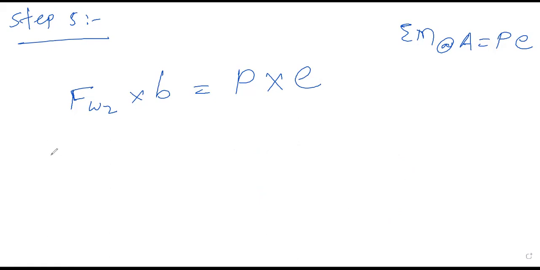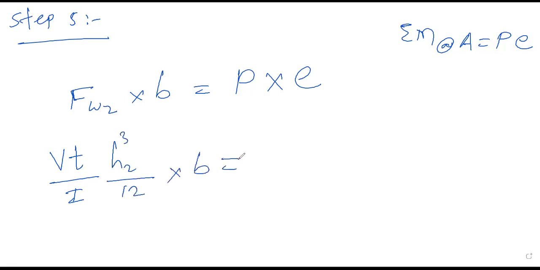So now put the value of FW2, Vt by I, h2 cube by 12, into b is equal to P into e.